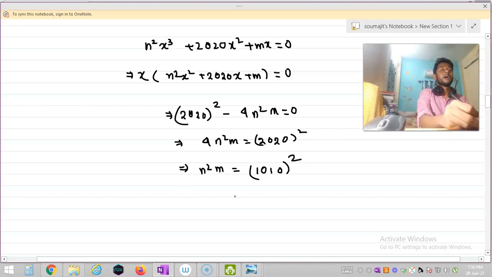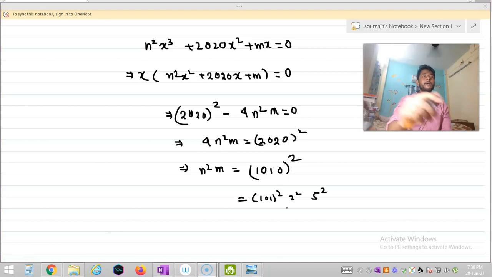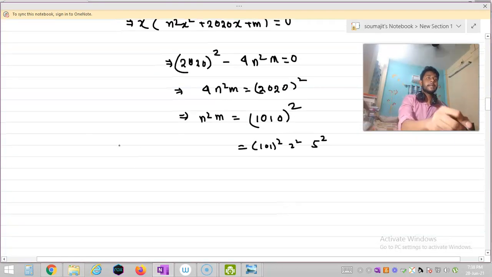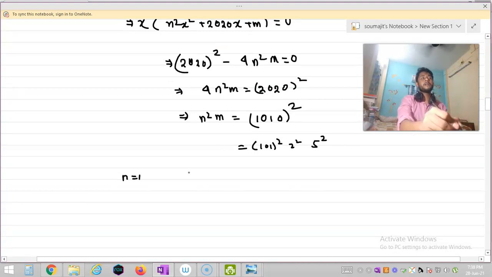Hence I am getting the prime factorization. If I want to get the prime factorization of this, I can write it as 101 square into 2 square into 5 square. So from this what I can say is that if n equal to plus minus 1, then m must be 101 square, and there exists only one value of m.